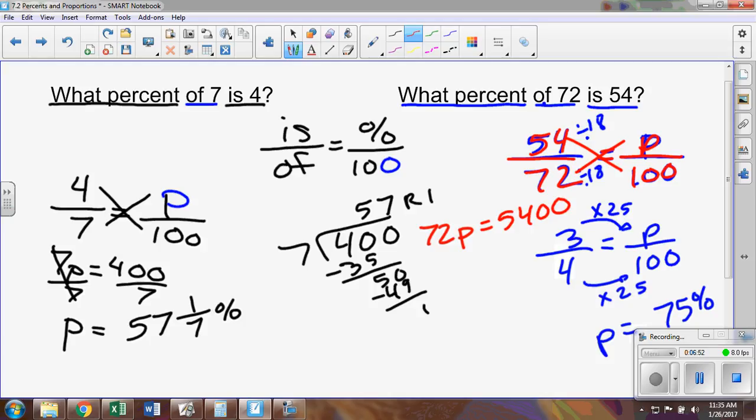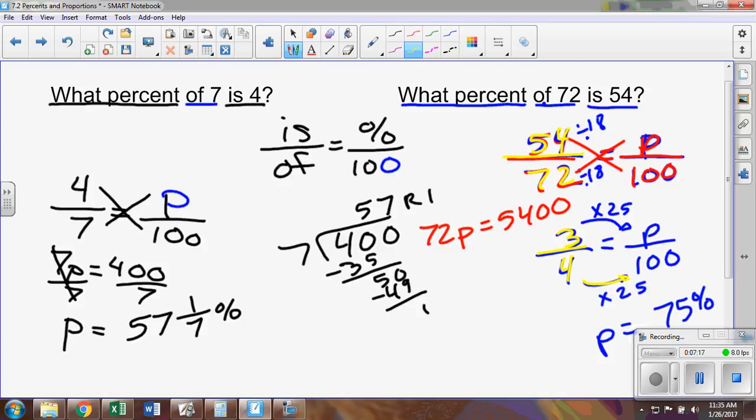I looked at the fraction 54 over 72, and being a nerd, I've got my multiples of 18 memorized, so I recognized that I could simplify it down to 3/4. At that stage, I needed to turn 4 into 100.